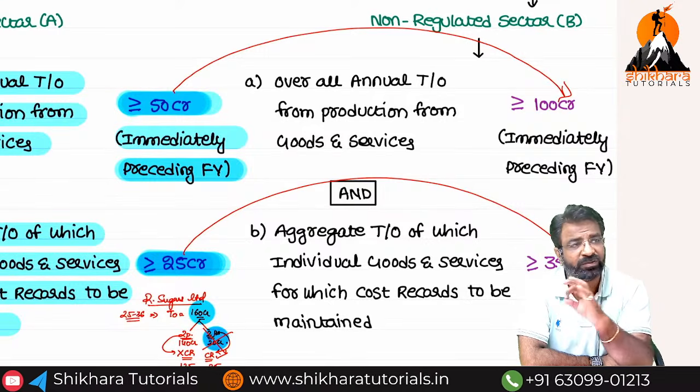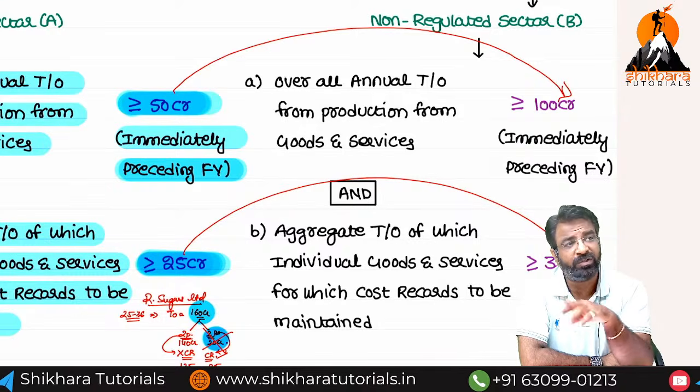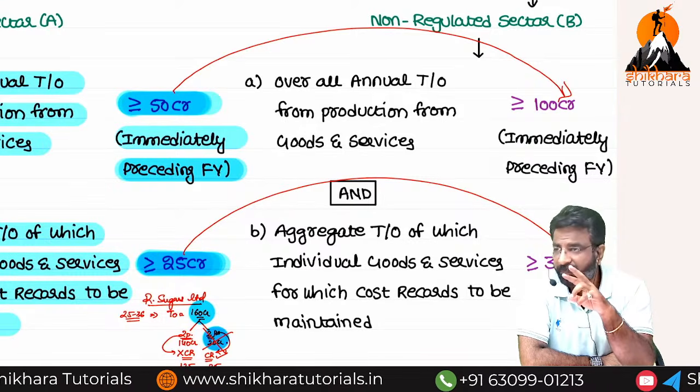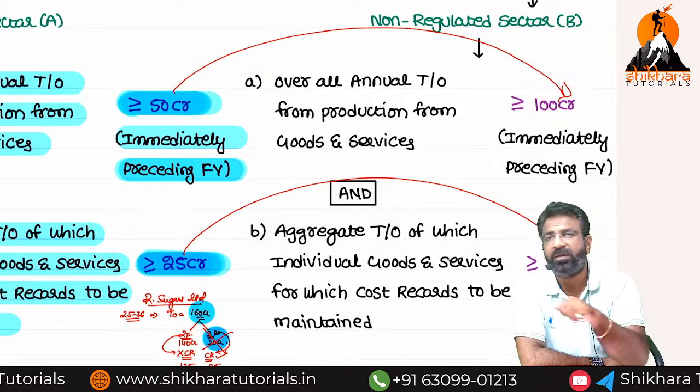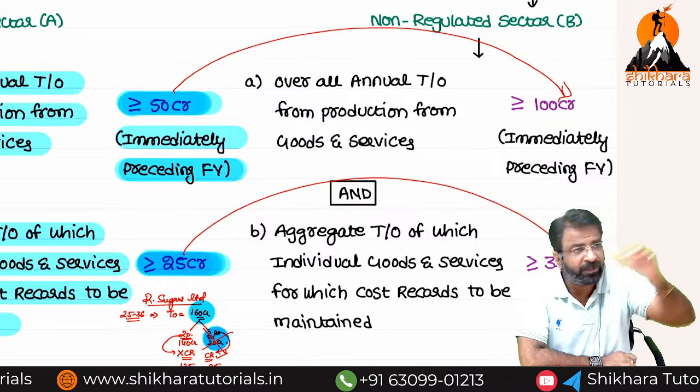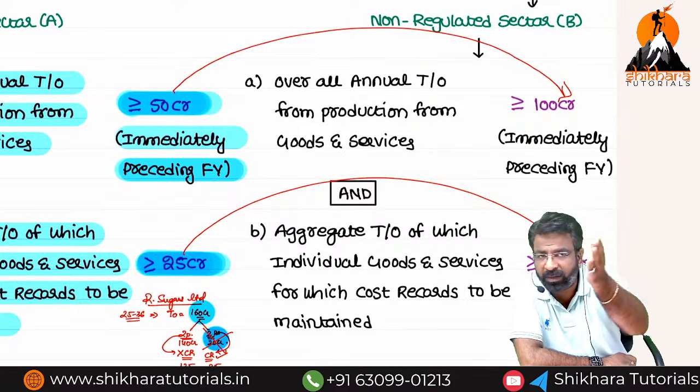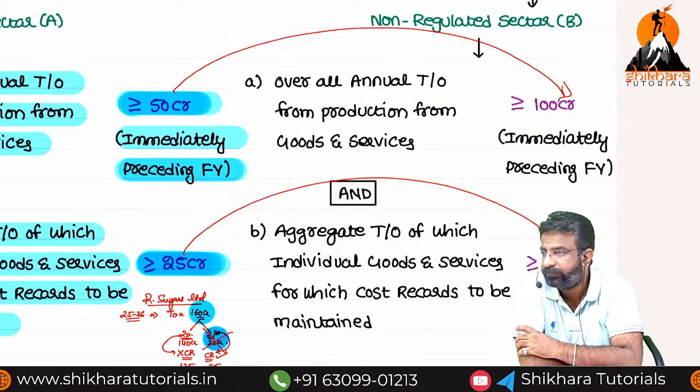Question is, is cost audit compulsory? But is cost record compulsory? Yes. But it means having a cost record does not make it mandatory to have a cost audit. That is why rule number 3 is separate and rule number 4 is separate.